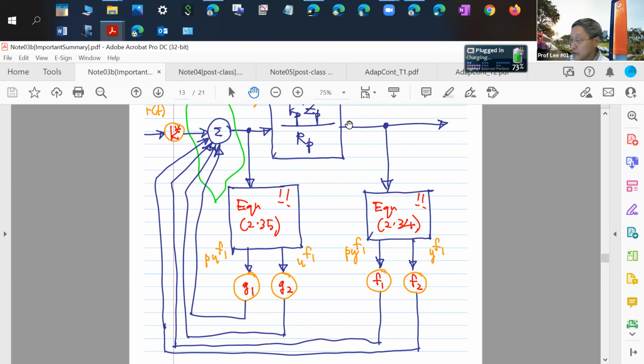In real life, you will set up in real time LabVIEW. In LabVIEW, you can set up this state variable filter, you tap from your Y signal, you tap from your U signal, put this into LabVIEW, and LabVIEW will certainly generate this first signal, the second signal, first signal, second signal for you.